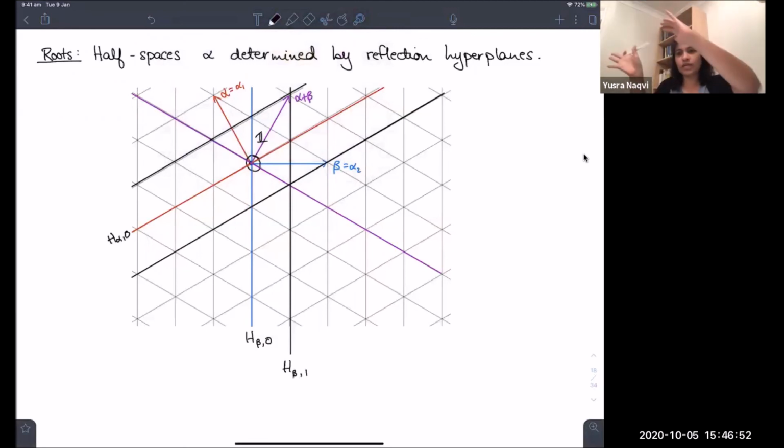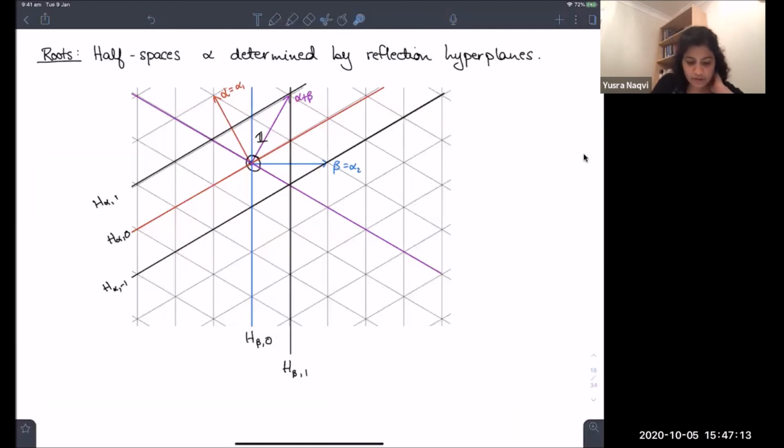I'm still mainly looking at this half space, but I've shifted over by 1 over here. I could have H alpha 1 moving in the direction of alpha and H alpha minus 1 moving in the direction away. And then just adding these roots up, I get alpha plus beta, adding them as vectors.